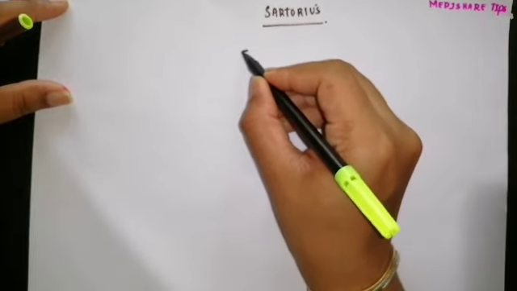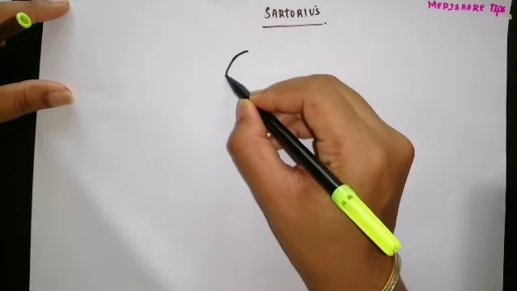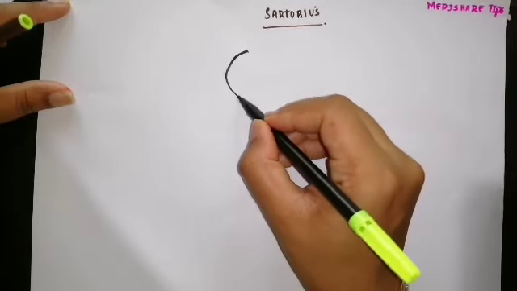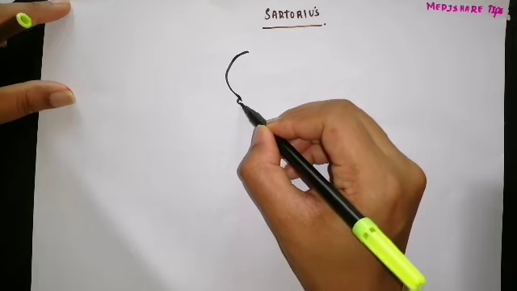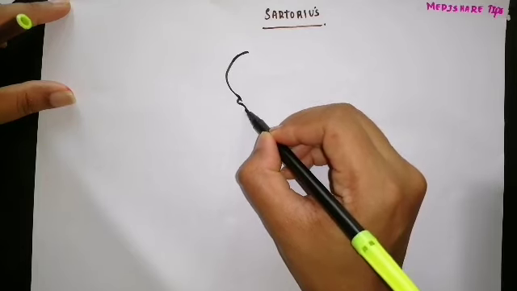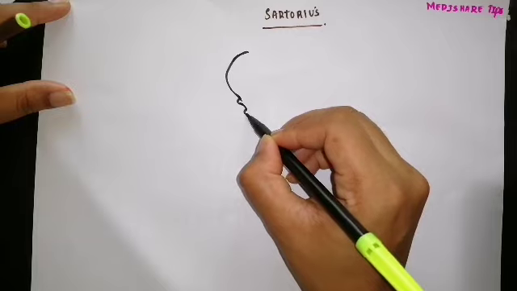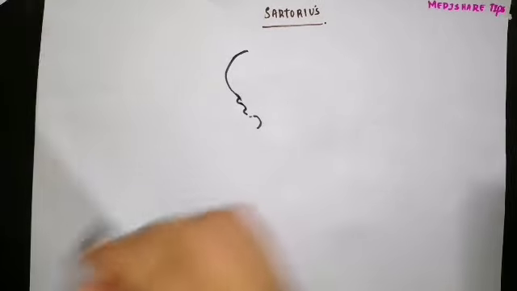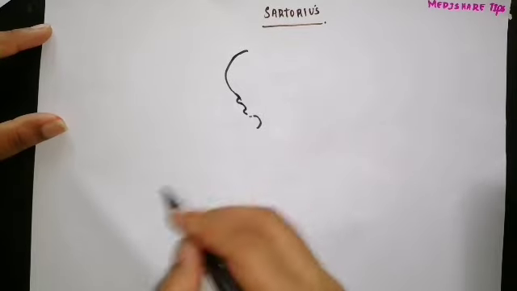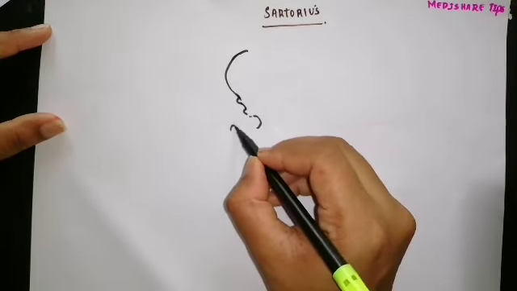First, we are going to discuss the origin and insertion of the muscle. This is the iliac crest and this is the anterior superior iliac spine. We have a notch below the anterior superior iliac spine. This is the anterior inferior iliac spine, and below you have the acetabulum here. And you have the head of femur here.